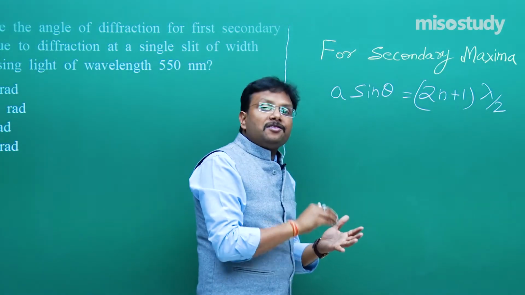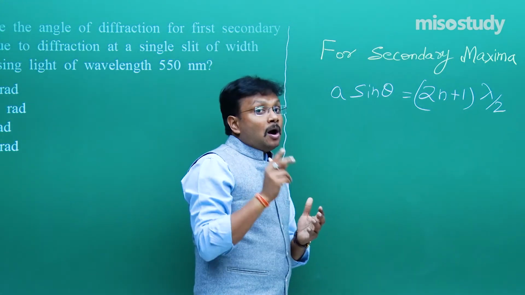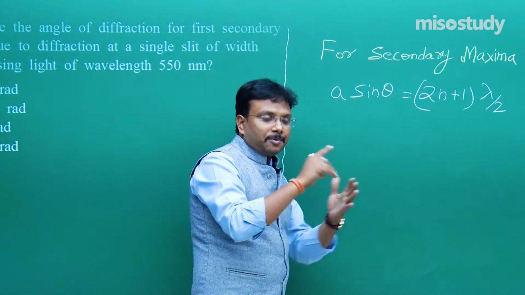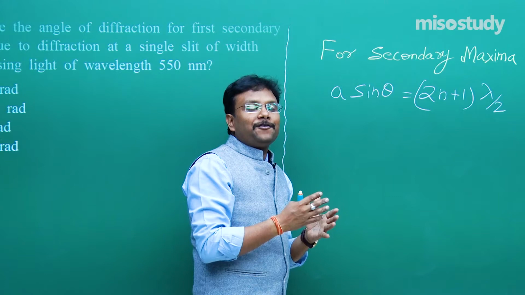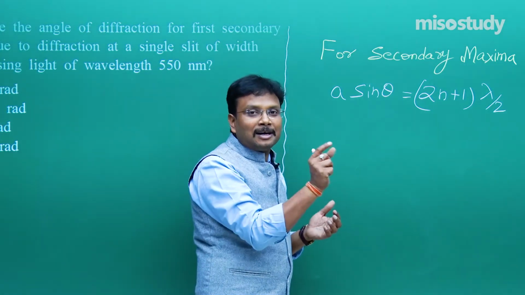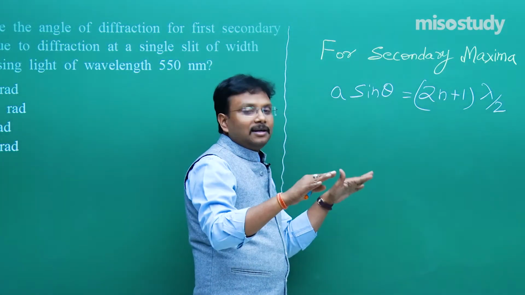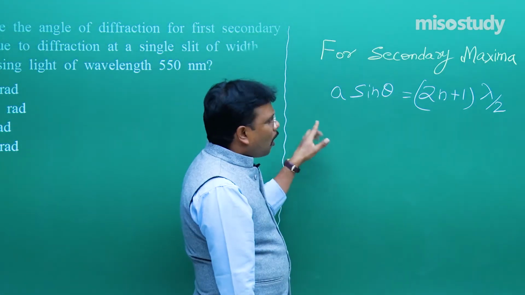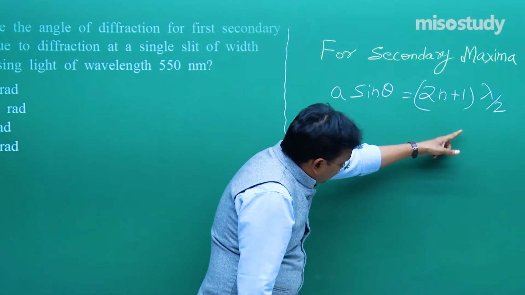Now, in interference and diffraction, during the discussion of both these topics, we specifically discussed two situations for both concepts: minima, maxima. For interference, maxima and minima are equally distributed. For diffraction, it is different. There is a central maxima and to both sides of that central maxima, there is a sudden decrement in the intensity of the minima. So, A sin theta or D sin theta is equal to 2n plus 1 into lambda by 2.